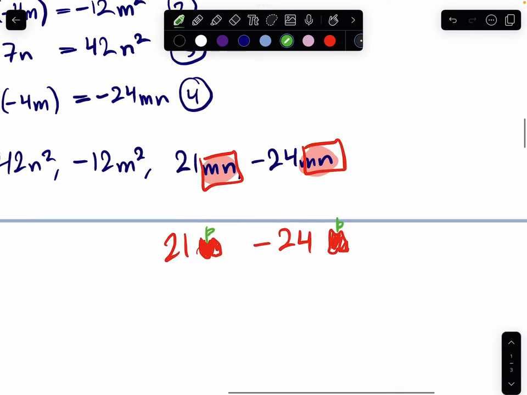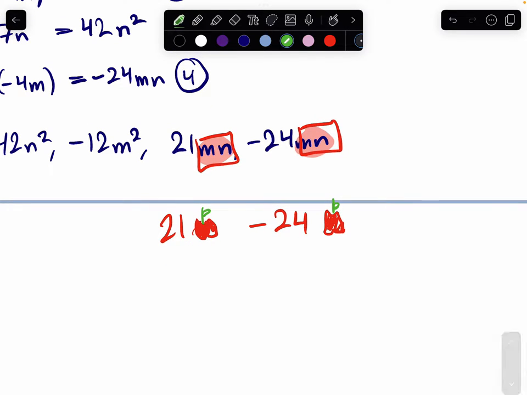Like, you have a certain amount of something and you're taking away a certain amount of something, which obviously equals negative 3 apples. I'm not going to bother draw. Actually, no. I'll draw one more scuffed apple.